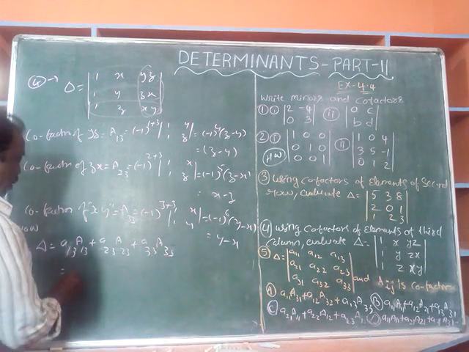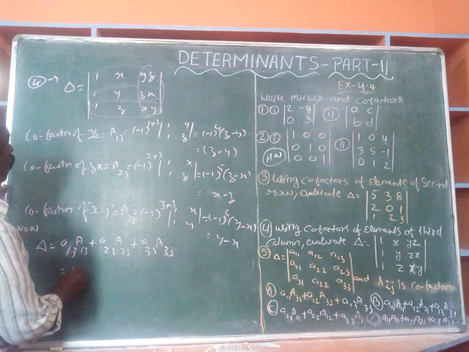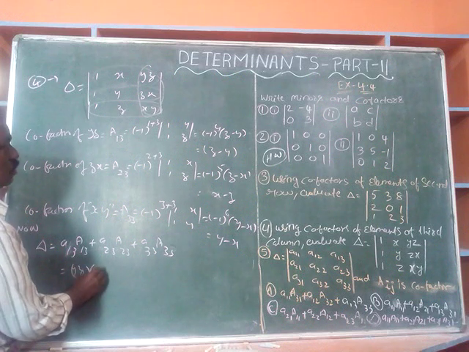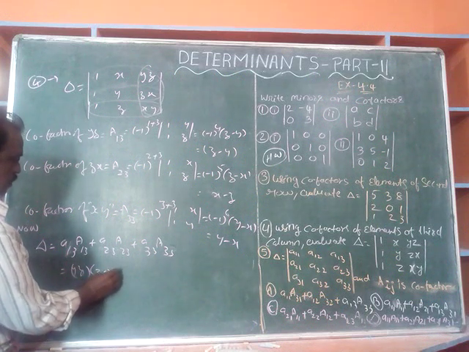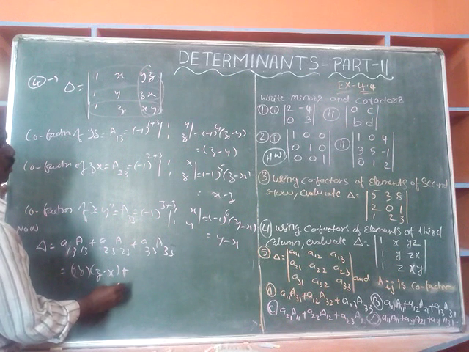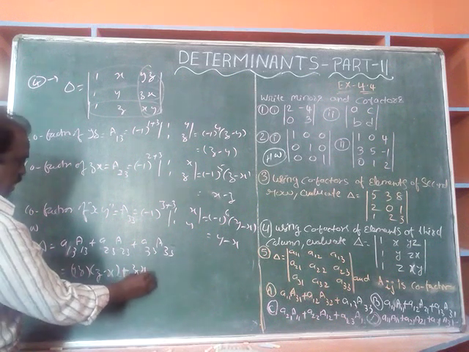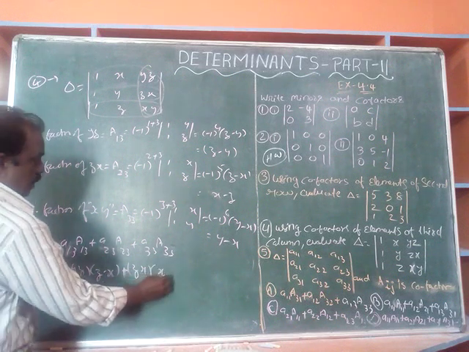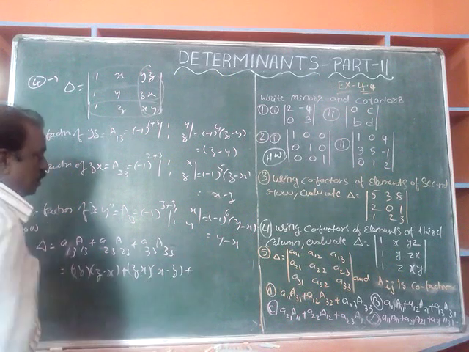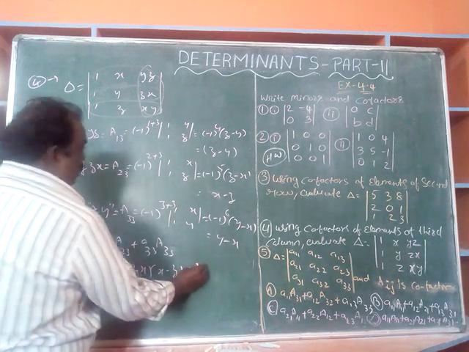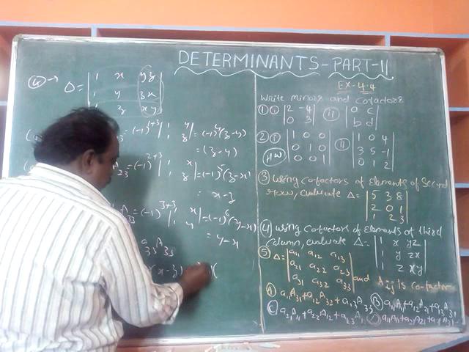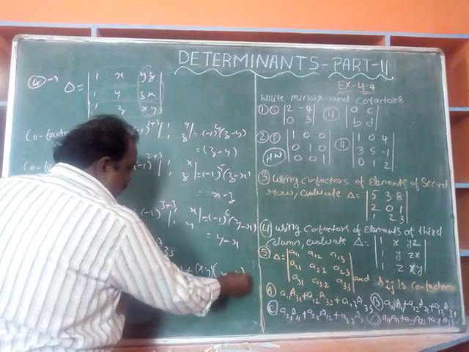Now it is simply yz into z minus y, plus zx into x minus z, plus xy into y minus x.